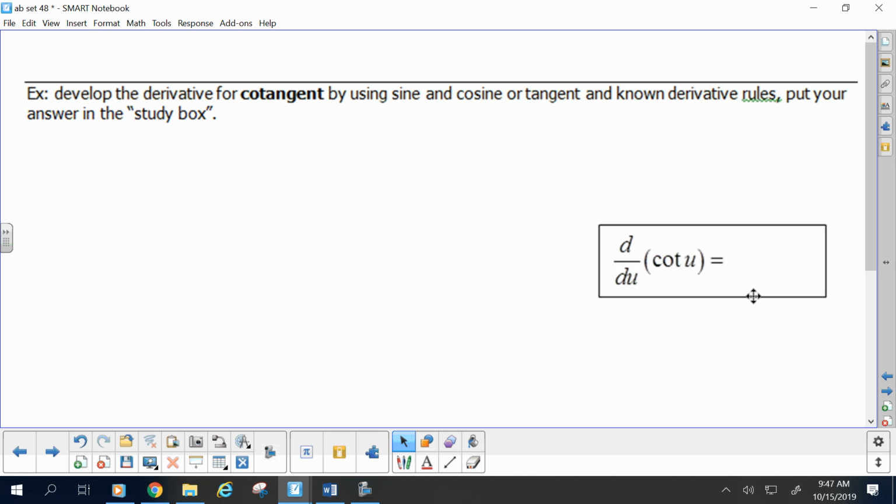Oh, I gotcha. So negative 1 over cosine squared, which is secant squared.